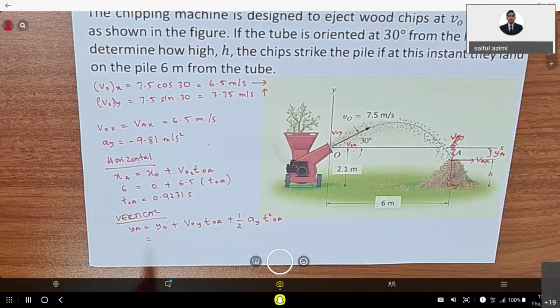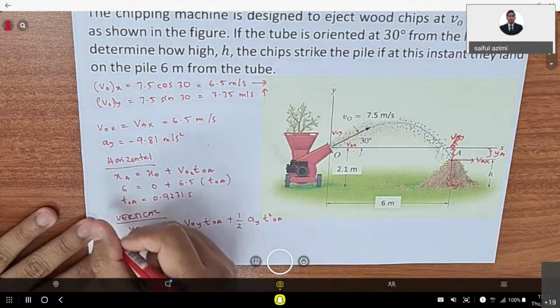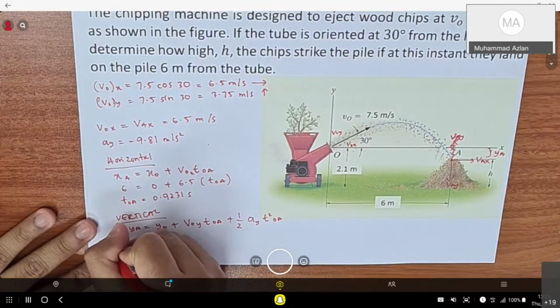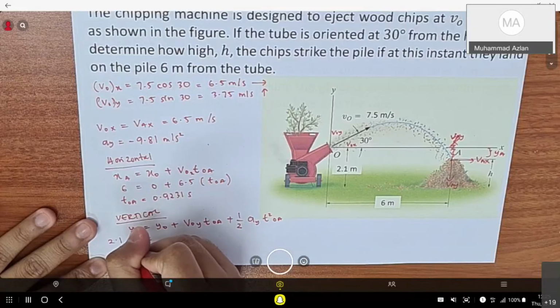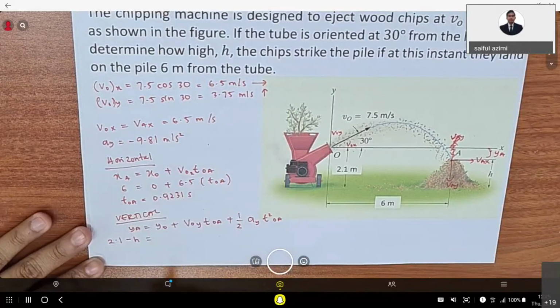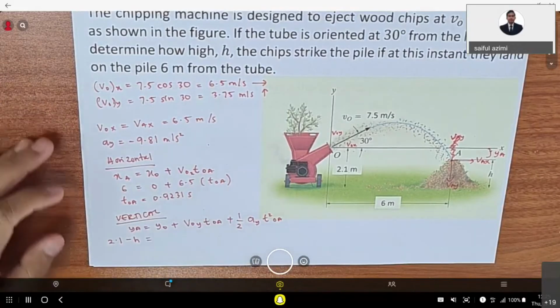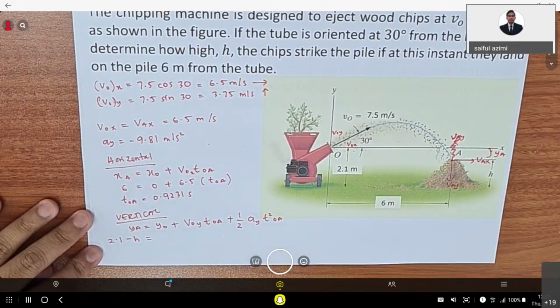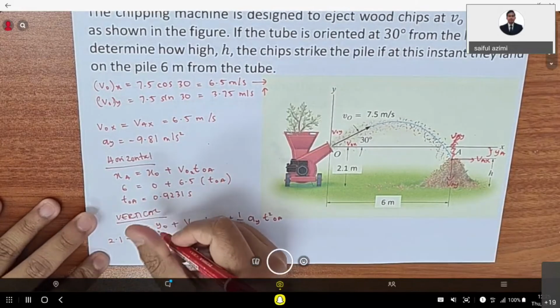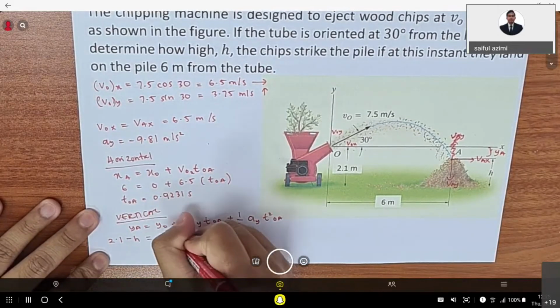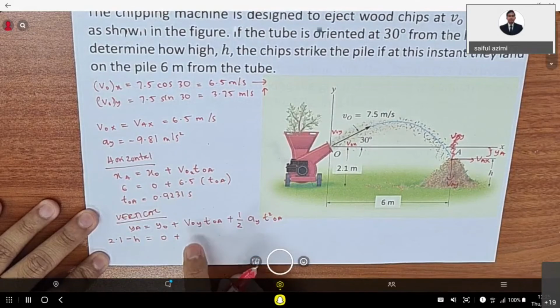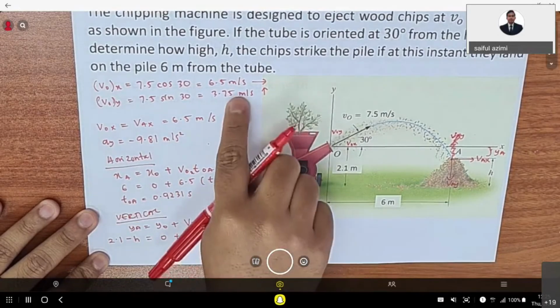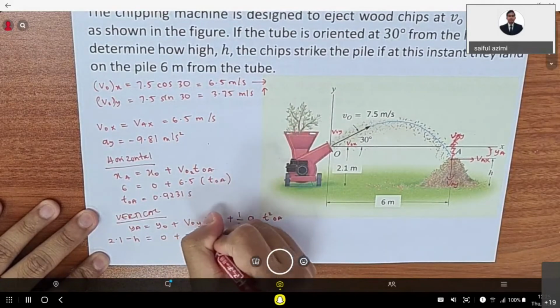Okay. 2.1 minus h. Yes, 2.1 minus h. And then you will get 0 plus VOY, you already get here, 3.75.